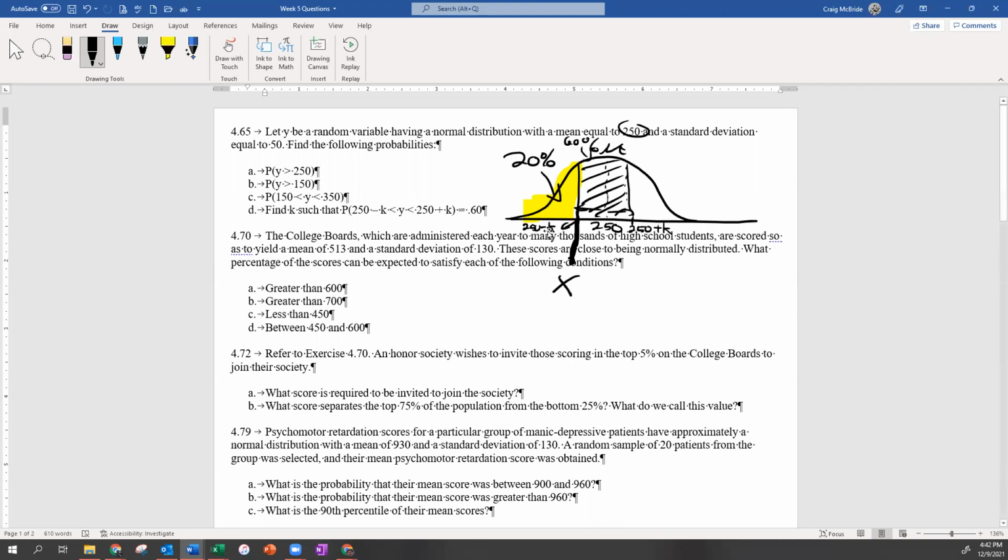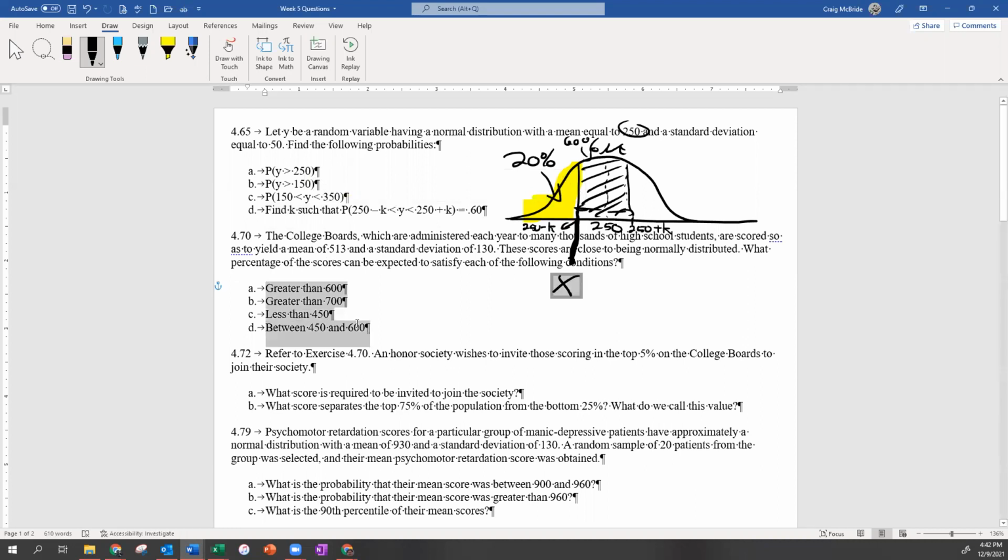Then you go 250 minus K equals 220, do a little simple math, and K is 30. So you've just found K. That's how you find K for that one, with a little simple algebra, solving for K.